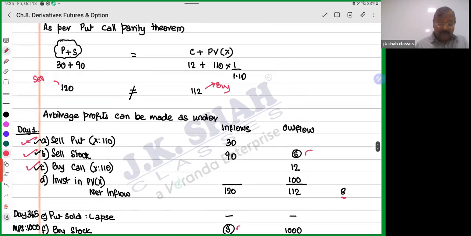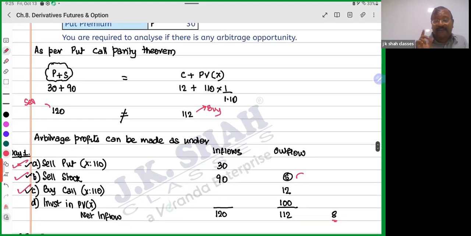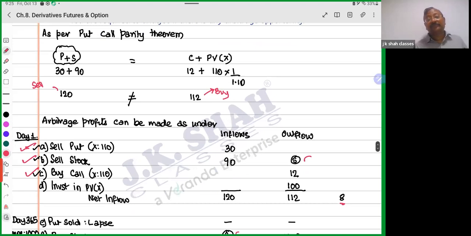Take this down. Keep thinking. Any doubt, keep asking. In the formula, we will be doing more sums on this, so don't worry about it. But I have taken this per stock, right?